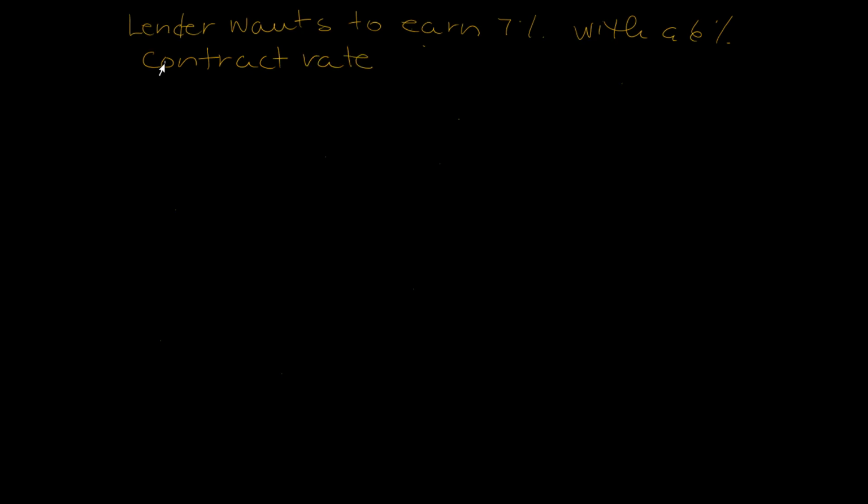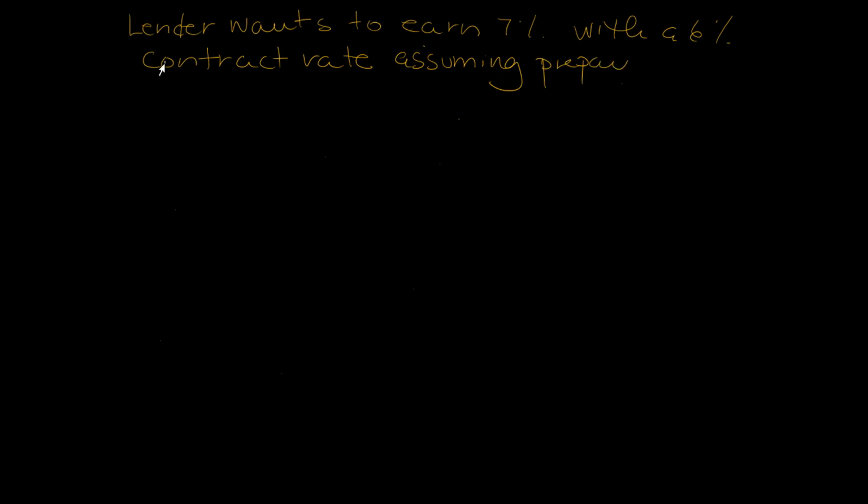Now let's assume that a lender wishes to earn a 7% yield on a 30-year 80% mortgage, and they expect on these mortgages they're typically going to get repaid after 10 years. So they want to charge a fee along with a 6% contract rate so that effectively they'll be earning a 7% yield.